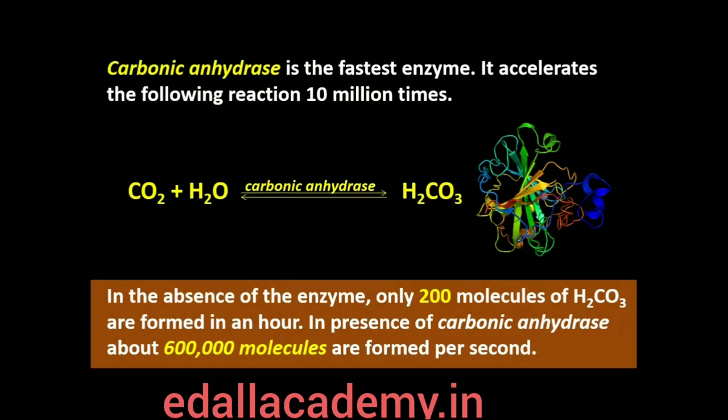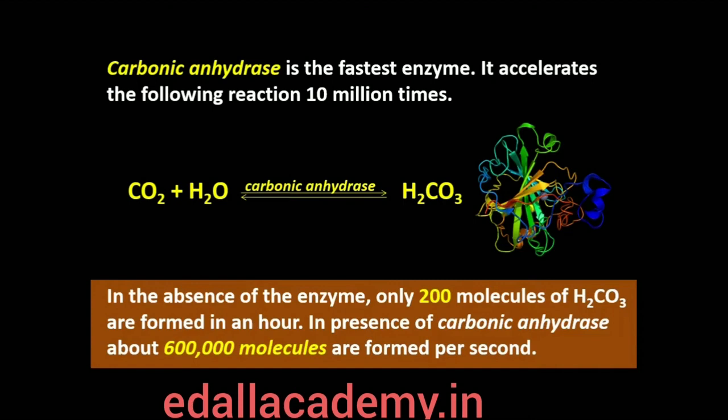In the absence of any enzyme, this reaction is very slow, with about 200 molecules of carbonic acid being formed in an hour. The amount of carbonic acid formed per hour is given very clearly. However, by using the enzyme present within the cytoplasm called carbonic anhydrase, the reaction speeds up dramatically, with about 6 lakh molecules being formed every second.